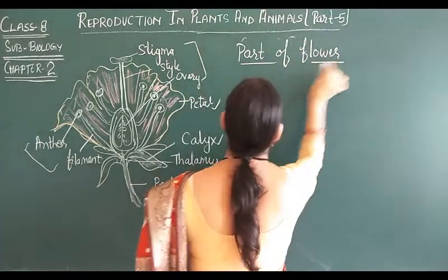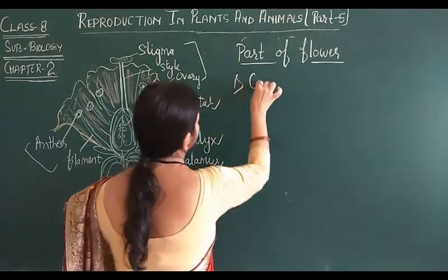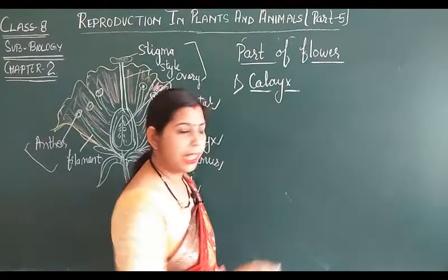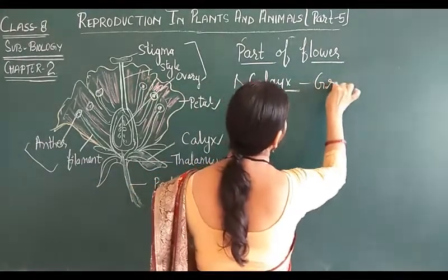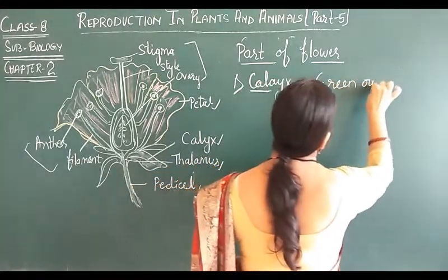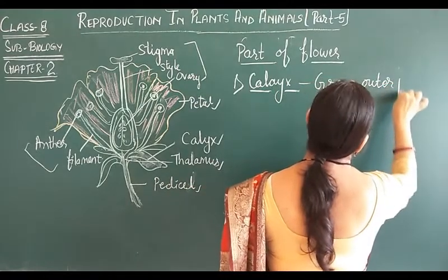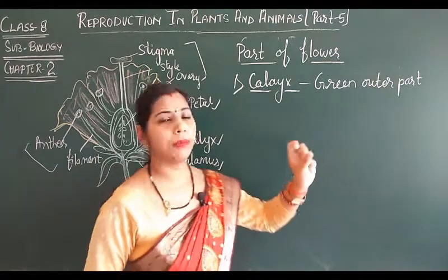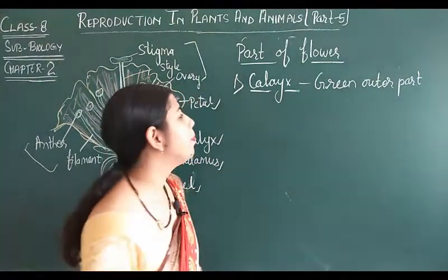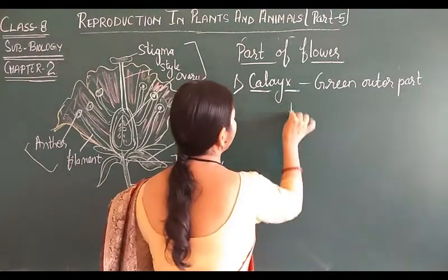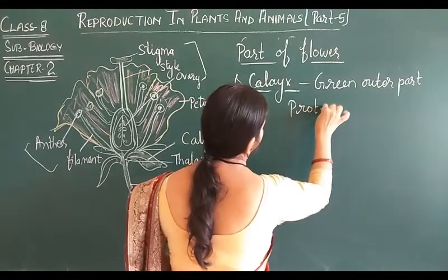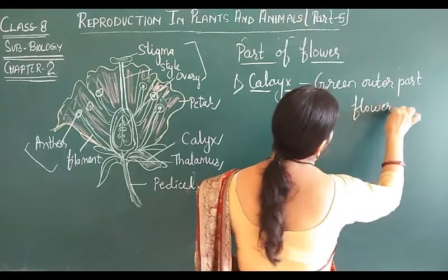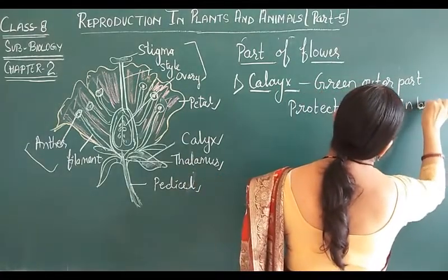The first part of the flower is the calyx. When we talk about the calyx, it is the green outer whorl. It is the green outer part, and it is very important because it protects the flower in the bud stage.